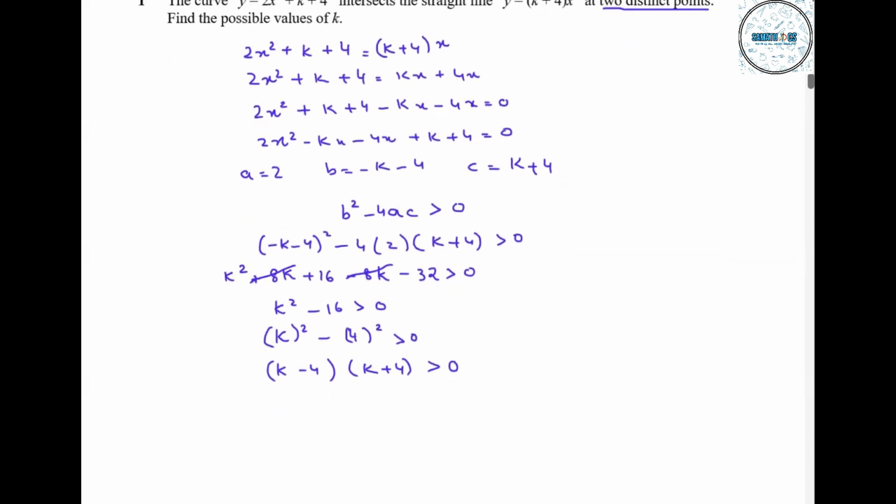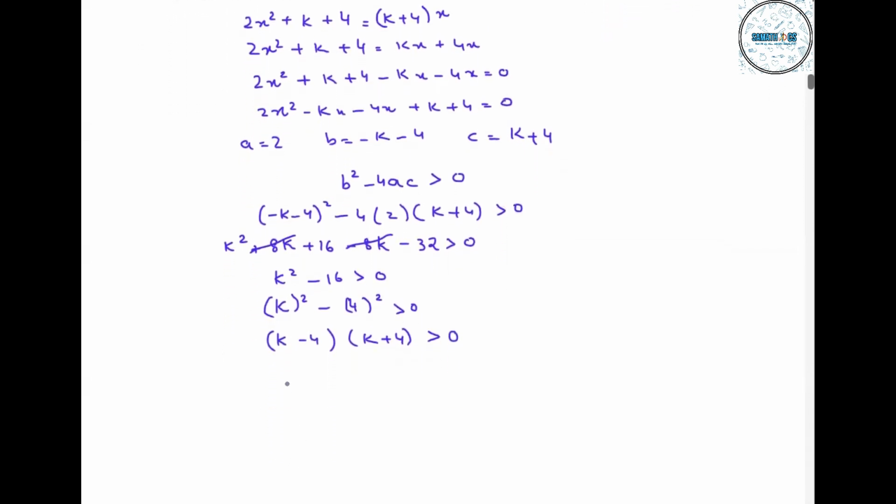Now we'll take out critical values of k. K minus 4 is equal to 0. K plus 4 is equal to 0. K is equal to 4 and k is equal to minus 4.